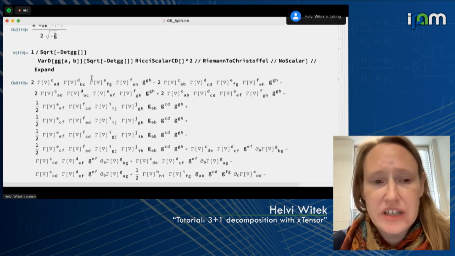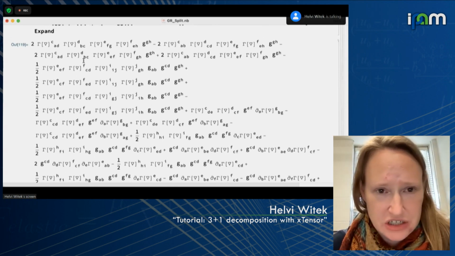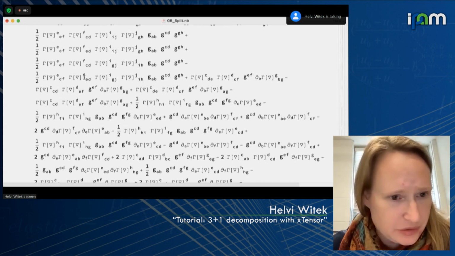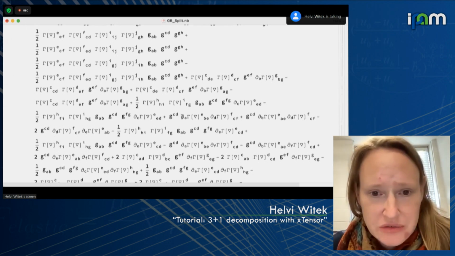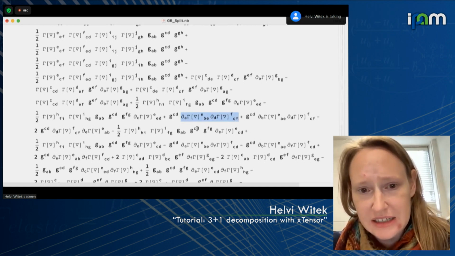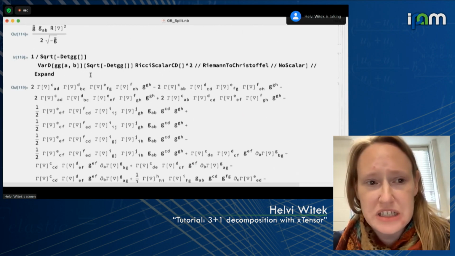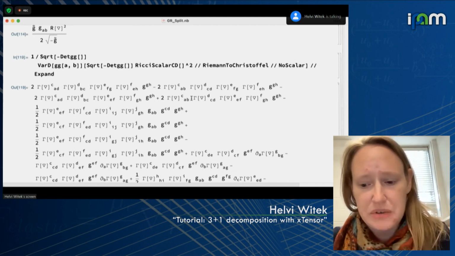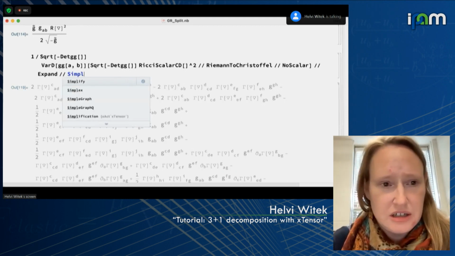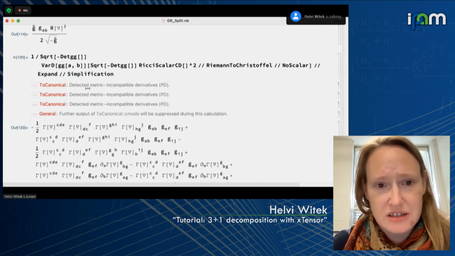I'm not doing a simplification just yet, because if you look very sharply at these lengthy expressions, you will see that there are expressions that involve partial derivatives. Partials acting here are not tensors, so if you were to do a simplification, xTensor will complain that you're trying to do a tensor manipulation on objects that are not tensors.